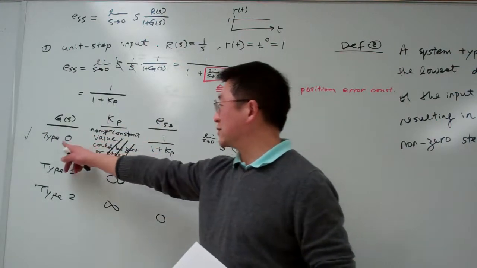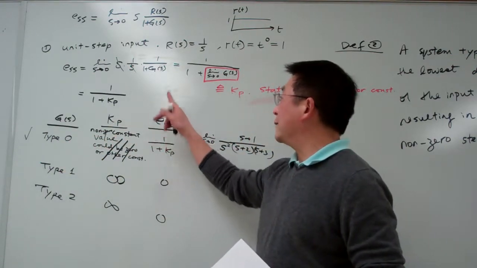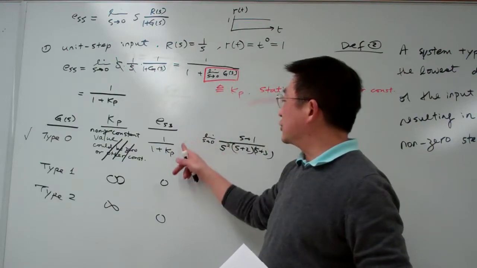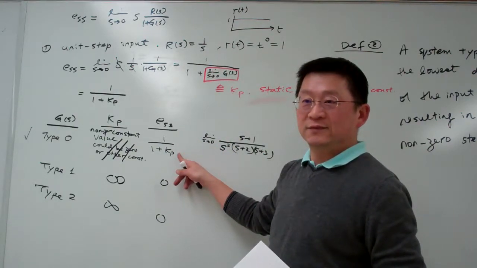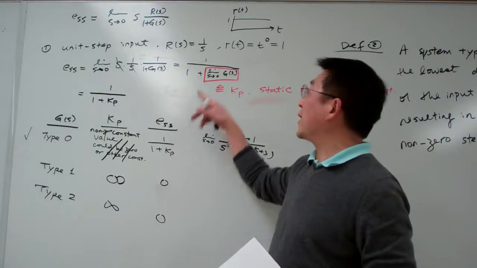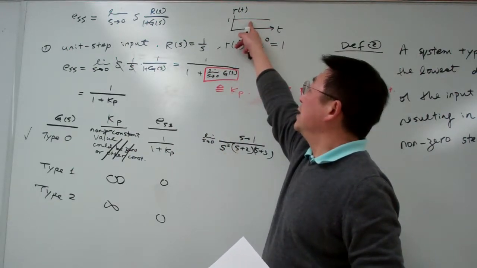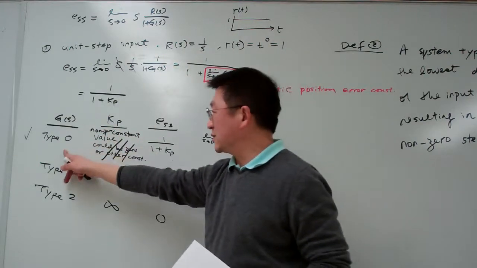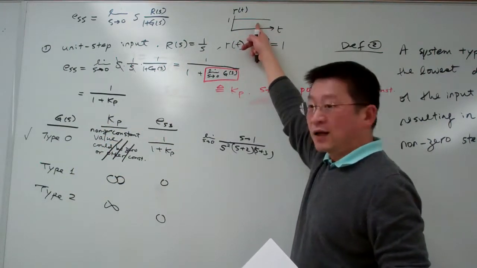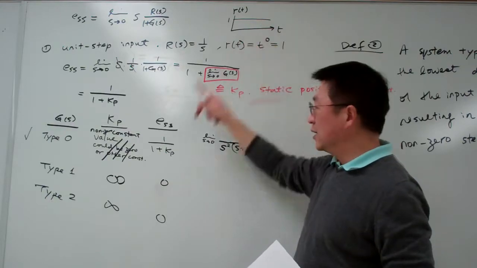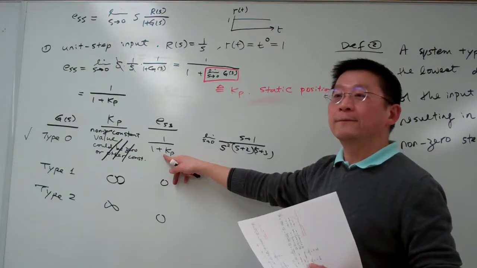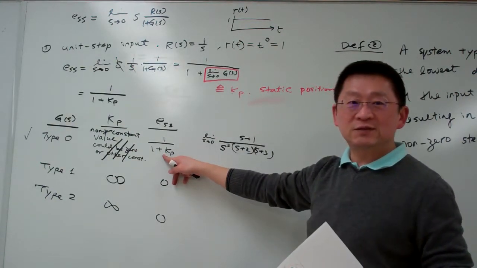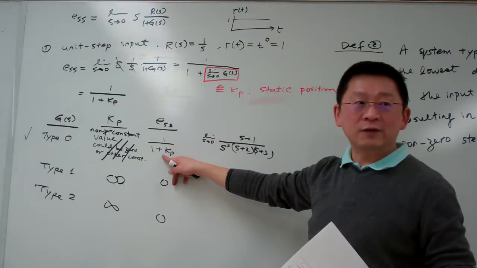Because for a type 0 system to follow this command, it still has a steady state error, right? What kind of command is this? This command, as I mentioned already, is a slow one. So a type 0 system tries to follow this kind of slow input and still exhibits certain error in following.